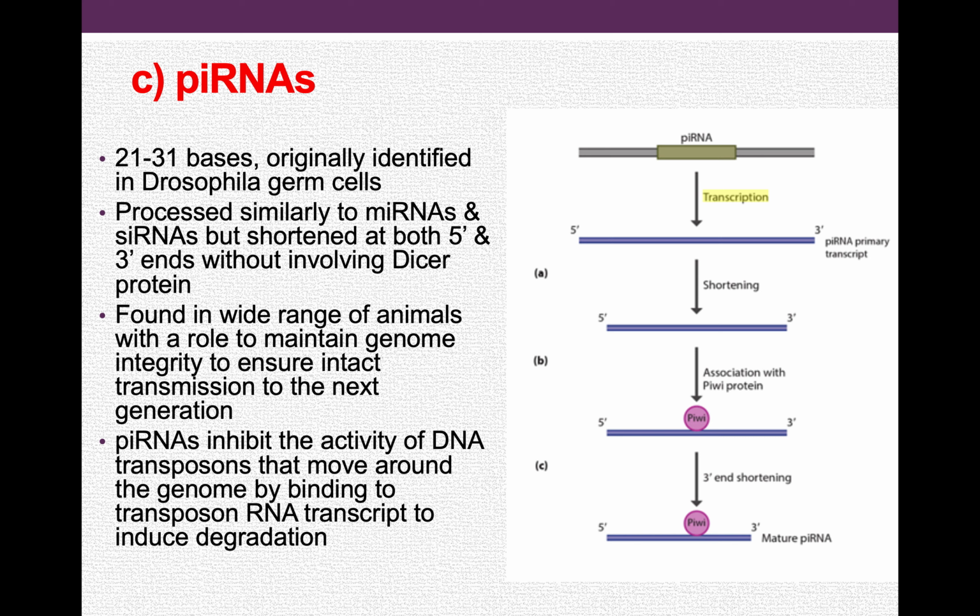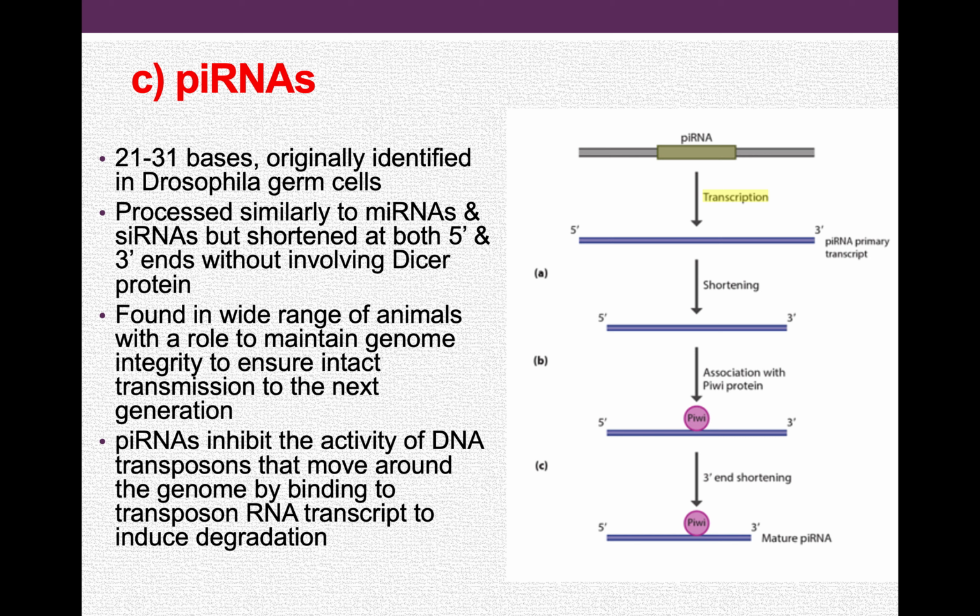You can read on about it, but basically piRNAs inhibit the activity of DNA transposons that move around the genome by binding to the transposon RNA transcript to induce degradation. So it also degrades, but what happens is that it functions as an RNA silencer. This is done via formation of the RNA-induced silencing complex, the same RISC as well.